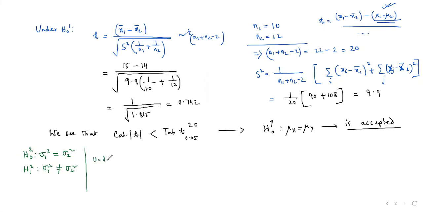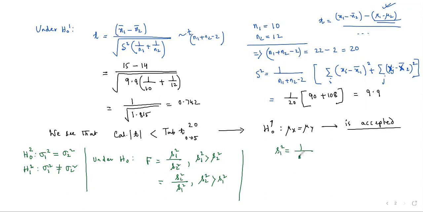Under H0, your statistic f will be S1 square by S2 square, depending upon whether S1 square is greater than S2 square or not, and this will be S2 square by S1 square depending on whether S2 square is greater than S1 square or not. And then you have to calculate the thing. Your S1 square means 1 by n1 minus 1 summation xi minus x bar whole square.